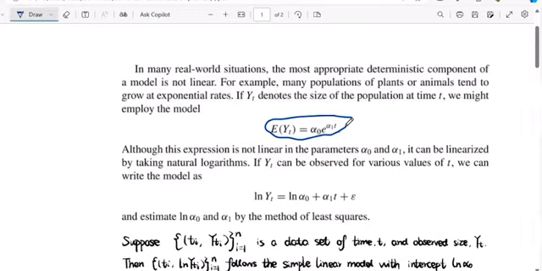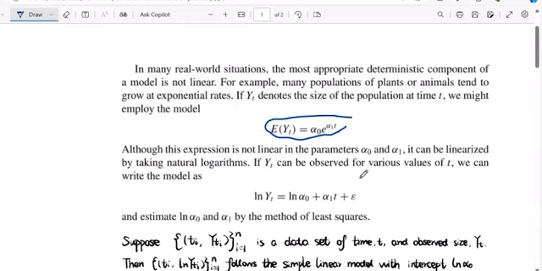But let me tell you this. When I have a non-linear situation, we can actually linearize it by transformation. Does that make sense? Now, if I want to make this linear, then I'm going to introduce log. I'm going to take the logarithm of both sides.